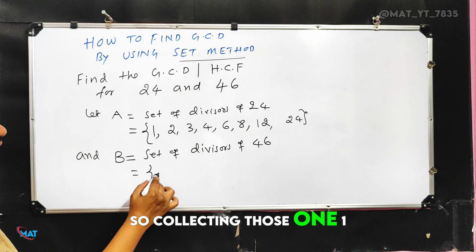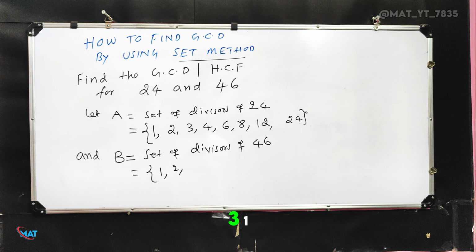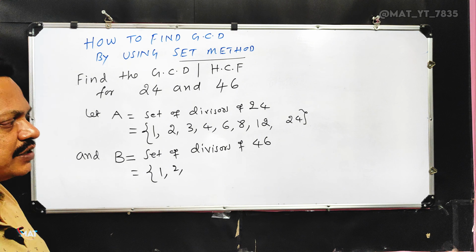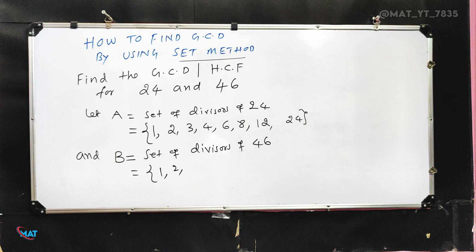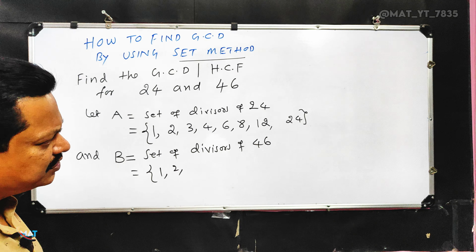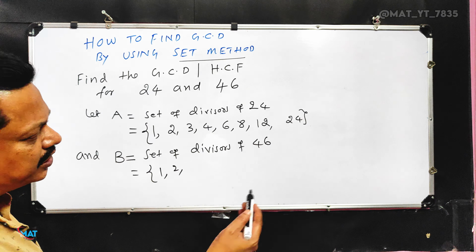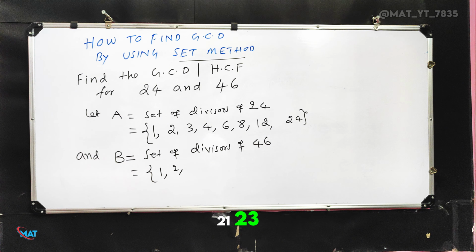So collecting those, 1 will be there, 2, 3 won't divide, 5 won't divide, 6 won't divide, 7 won't divide, 8 fails, 9 fails, 10 fails, 11 fails, 13 fails, 14, 15, 16, 17, up to 20, 21, 23.